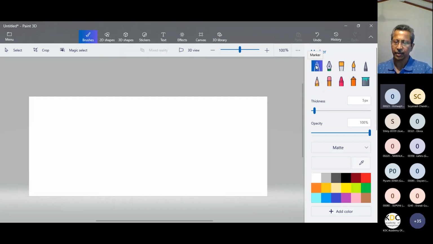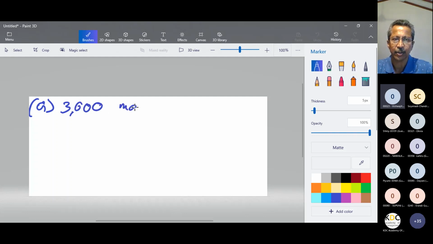First one: I think the answer was given, but I will just explain. The income is 3,000, and the maximum you can spend on housing is 30%.